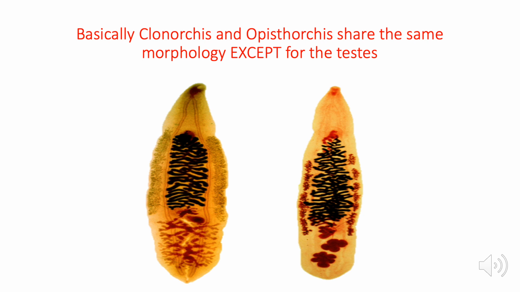But what will really help us identify which is which are the paired testes. If the paired testes are branched, then it's a Clonorchis worm. If the paired testes are lobulated or lobed, then it's the Opisthorchis worm.